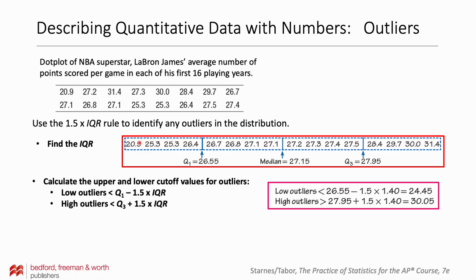So notice here, this number is going to be an outlier. Any number that's above Q3, which is 27.95, plus the 1.5 IQR, which is 30.05, anything higher than that will also be an outlier. So notice here, this one looks like a higher outlier.